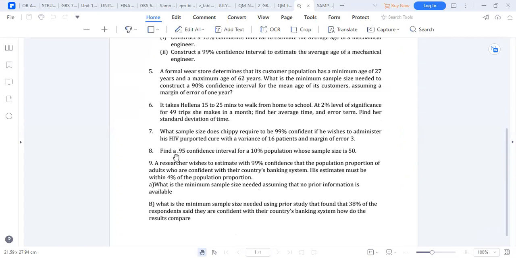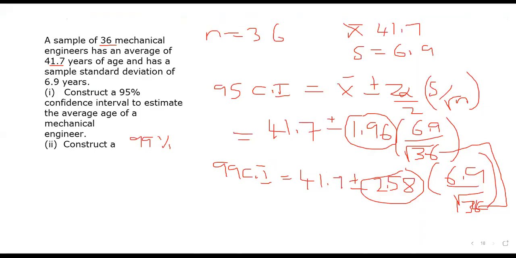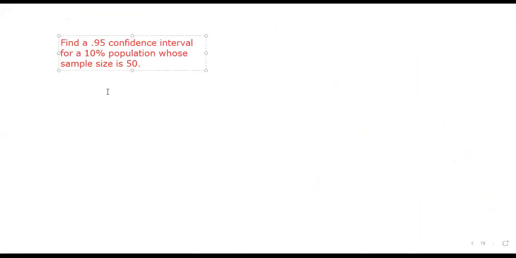All right. Find a 95% confidence interval for a proportion of 10% whose sample size is 50. So in this case, what are they looking for? Confidence interval for proportions. All right. So we're going to use formula 2. What are we given in here? Z is what? 1.96. N is what? 50.